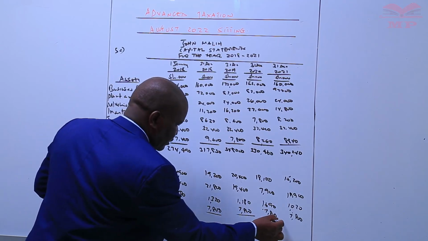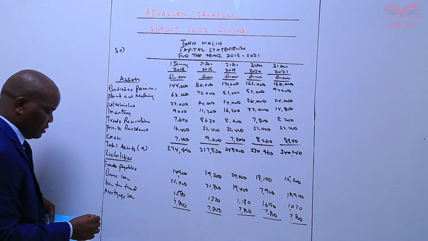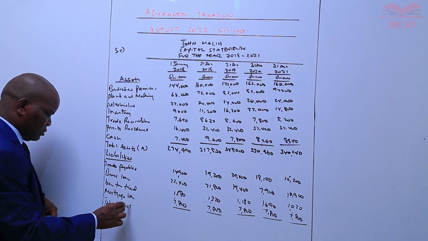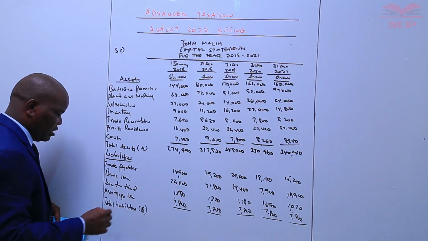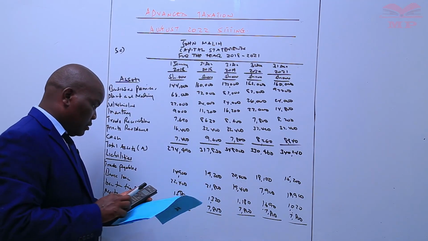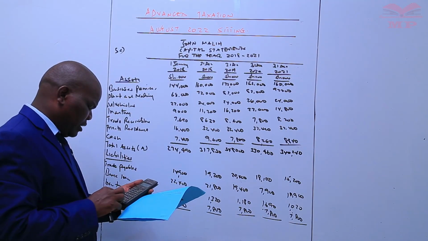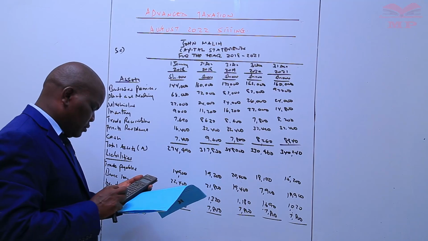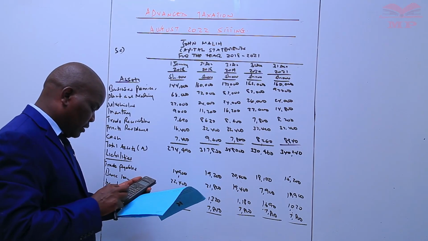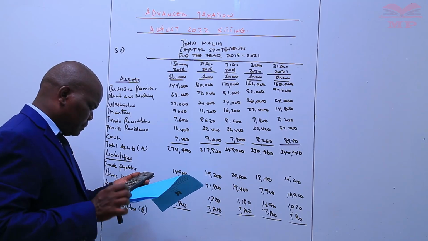So the next thing we do is to get total liabilities for each case. We can mark it B for illustration purposes. So we move together. Here, 2018 January, we have 14,900, 22,400, 1580, and 7,800.